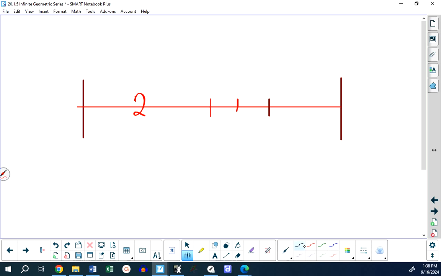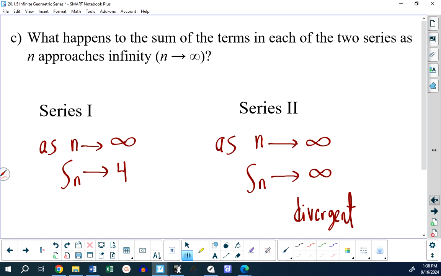And then you're going to add half of that 1, which is half of the remaining distance. If you keep adding half of the remaining distance, then theoretically, you never get to the end, do you? But you do at infinity. This is what we would say. At infinity, the sum converges to the number 4. So this is convergent.